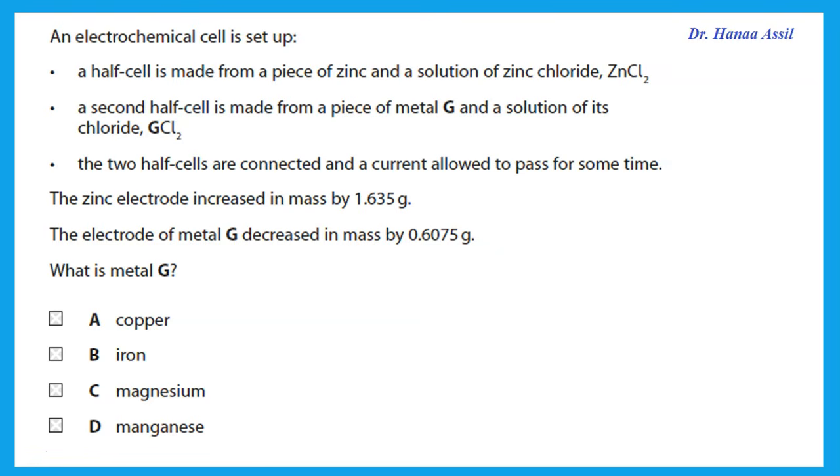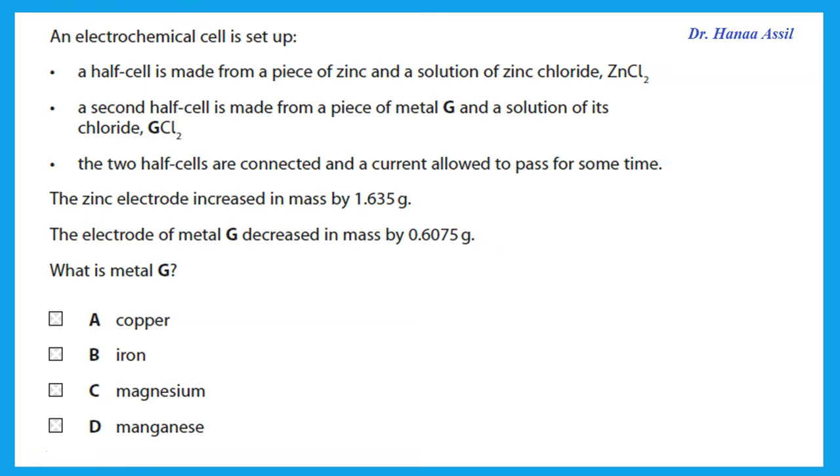The two half cells are connected and a current allowed to pass for some time, and they found that the zinc electrode increased in mass by 1.635 grams. The metal G decreased in mass by 0.6075, and we're asked what is metal G.